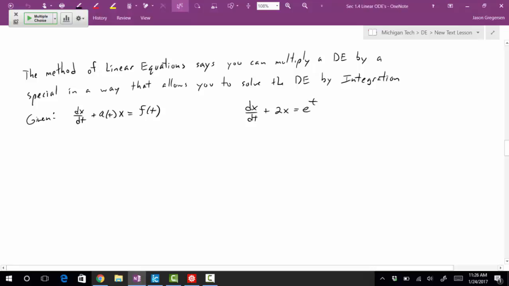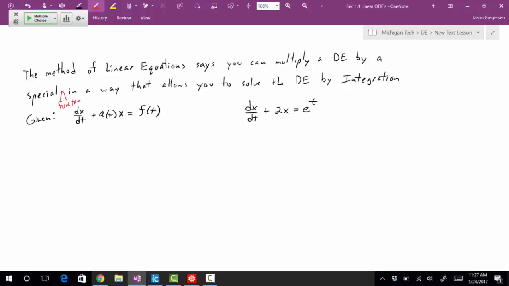What's the big idea? I want this big idea to stick in the head. It's the most important thing. The method of integrating factors says you can multiply a differential equation by a special function in a way that allows you to solve the differential equation by direct integration. Okay?